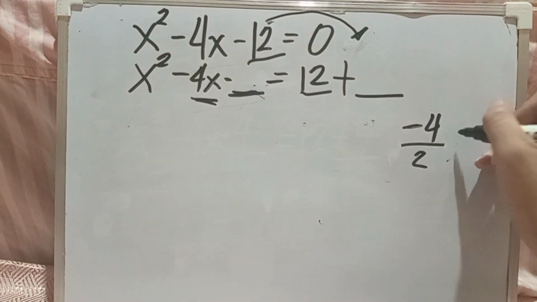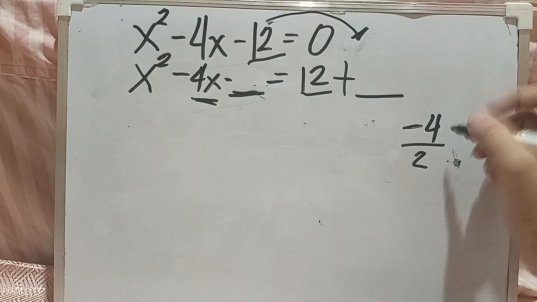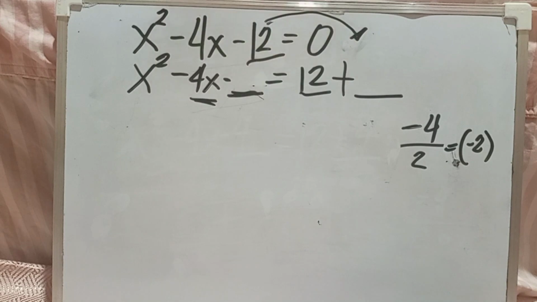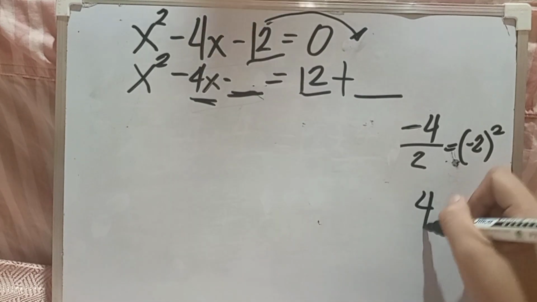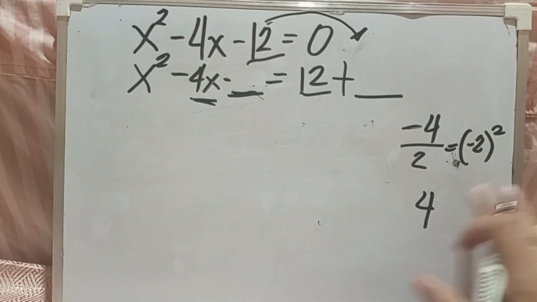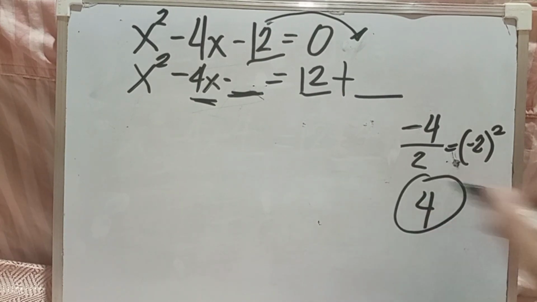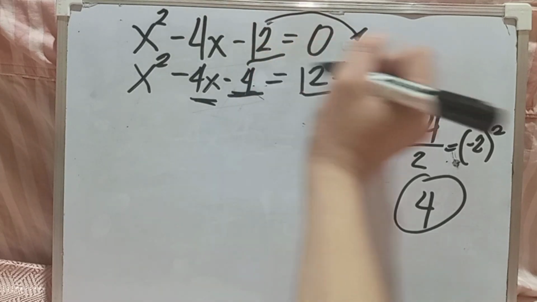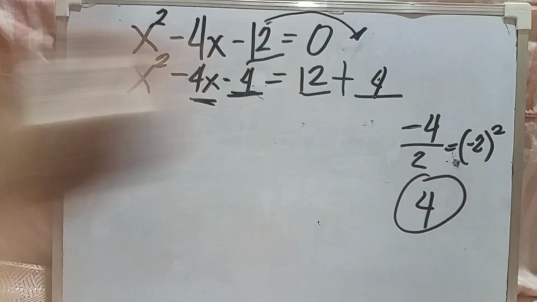That will give you the answer of negative 2. The second step, after dividing by 2, is to square the answer. So we have negative 2 raised to 2, which is equivalent to 4. So this is our third term, 4.